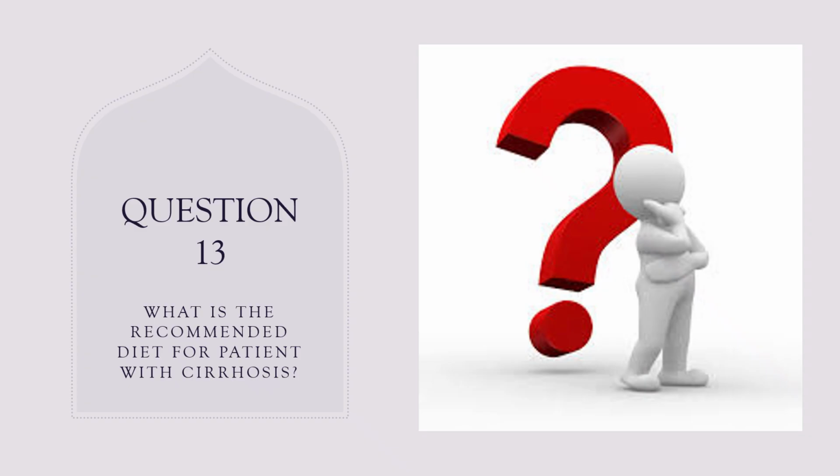A low sodium diet, if a patient has edema or ascites, usually 2 grams of sodium per day. Patients should be advised to avoid processed, canned, or salty foods because, of course, we know that where salt is, water is. So it would increase the amount of edema or potentially ascites the patient has.